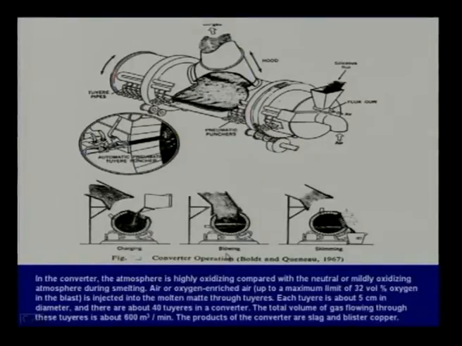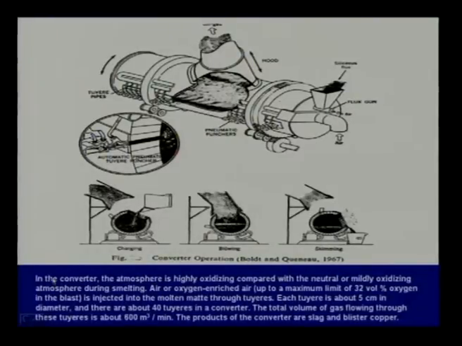We start blowing oxygen from this side, and after it is blown, we can tilt it the other way and pour out the product which is blister copper. So, charge, blow, tilt the other way, fully take out the blister copper. This is the converter operation.